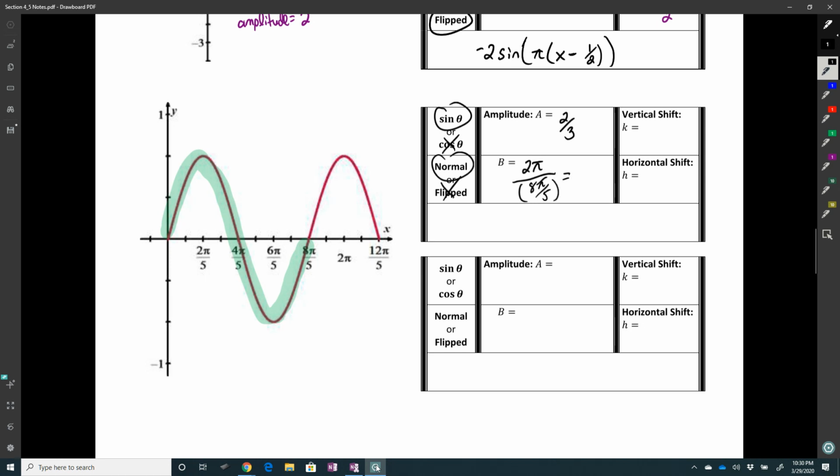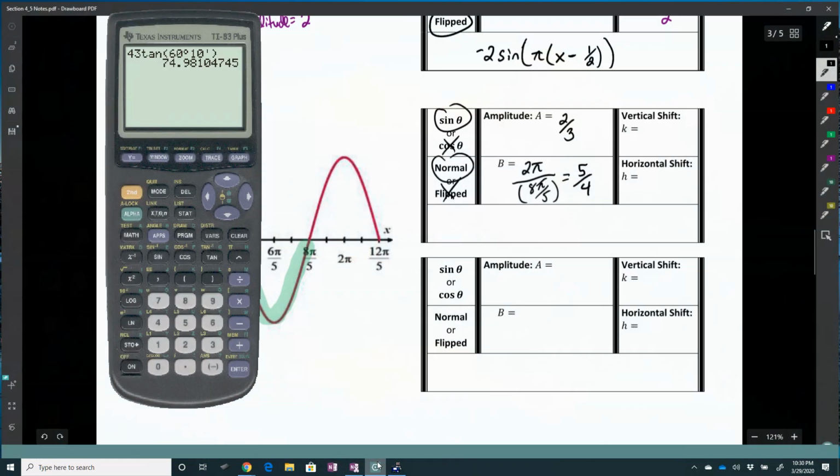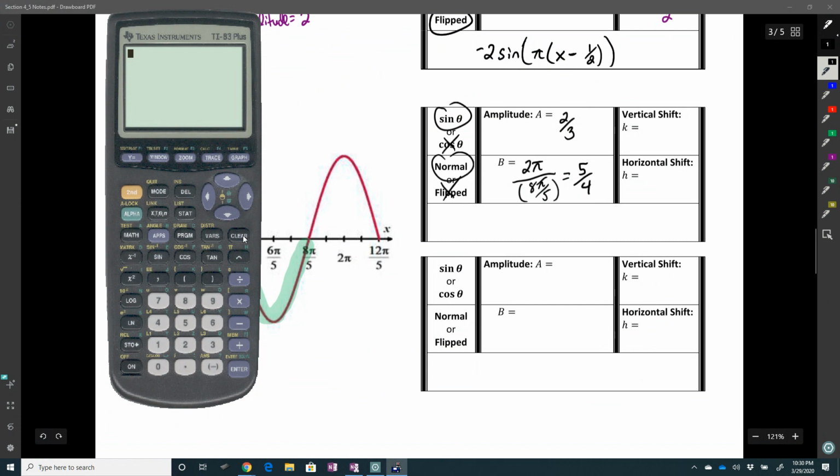And when you do that, that should give you 5/4. If you really wanted to check, you can get your calculator, and ignoring the pi's, you can put 2 divided by parentheses 8 over 5. And that gives you 5/4.